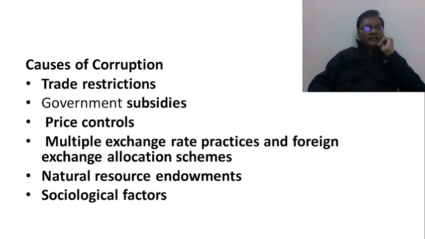Unfortunately, in the last 75 years of our independence, we have not really bothered to make any kind of changes to our administrative system. And this is where the problem is. These administrative systems were designed by the Britishers only with the objective of exploiting the colony called India.